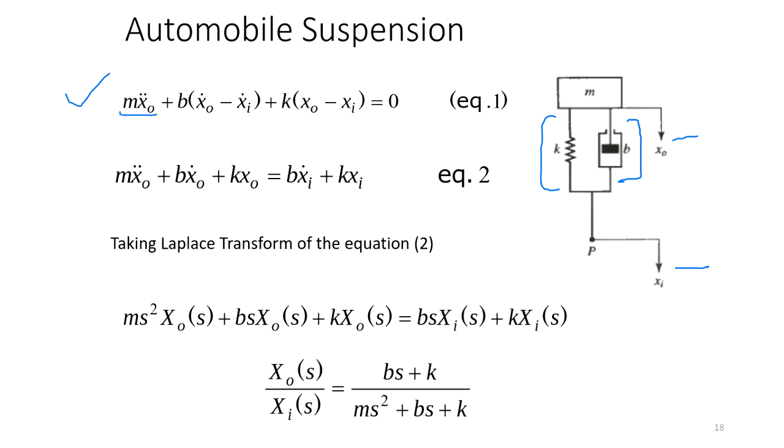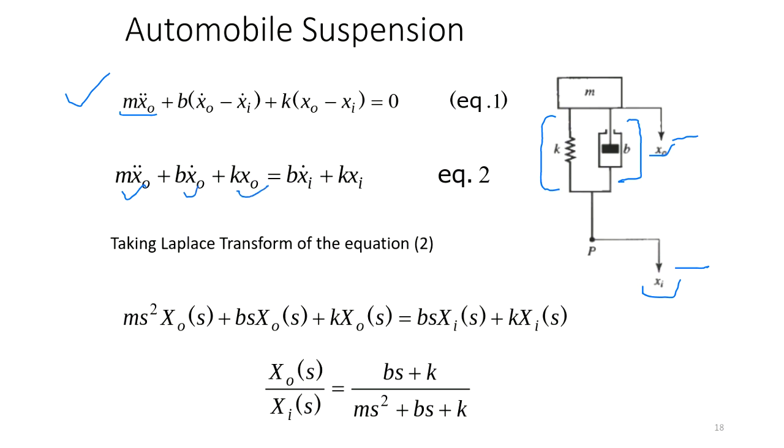The next equation we can write is, we can look at the effect of x0 and that of x1 and equate them. The force due to this one and the force due to this have to be equal. So the force here is going to be, again, due to mass, damper, and spring.